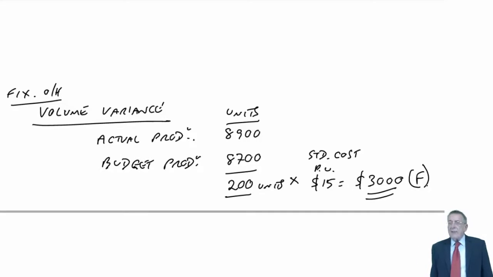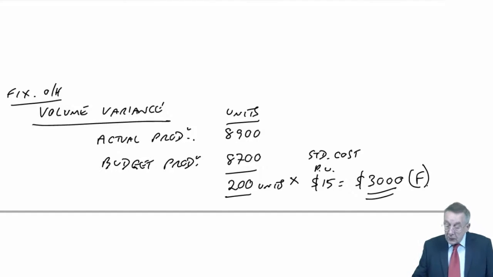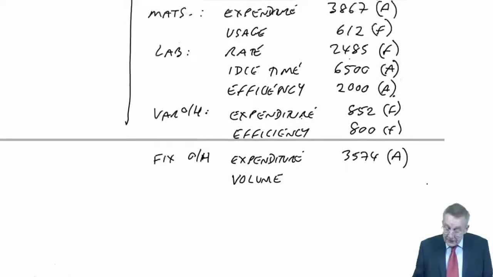I'm not sure I can always think that through in the middle of an exam. So what I say, and it always works, I just say if we manage to produce more, that's good. If we produce less, it's bad. It's up to you. Anyway, we produce more. Good, it's favourable. So the volume variance, 3,000.